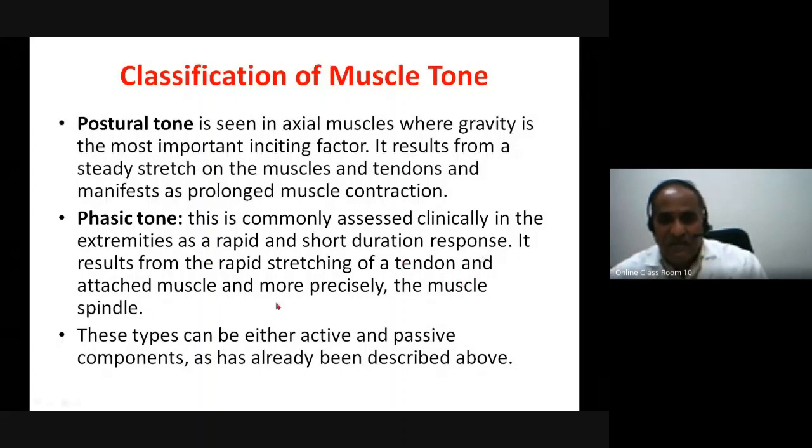It results from a rapid stretching of the tendon and attached muscle, more precisely the muscle spindle. These types, either postural tone or phasic tone, can be either active or passive. Passive I already mentioned. It is the physicochemical elastic components of the muscle, and the active components are the neural components.